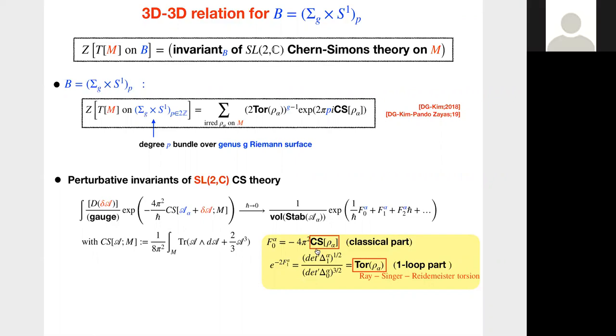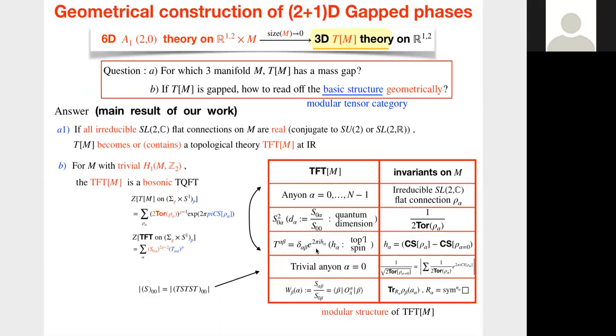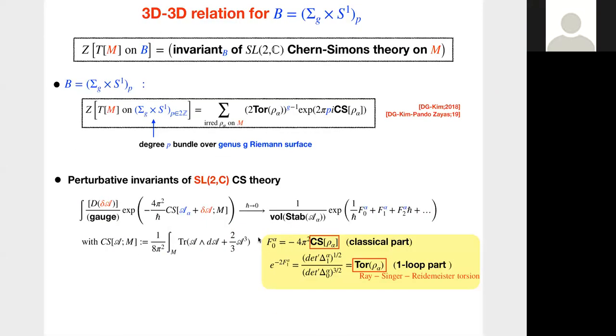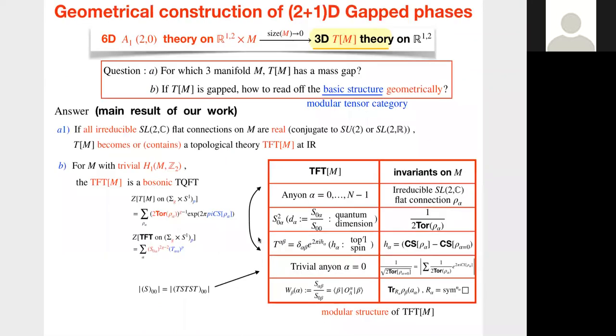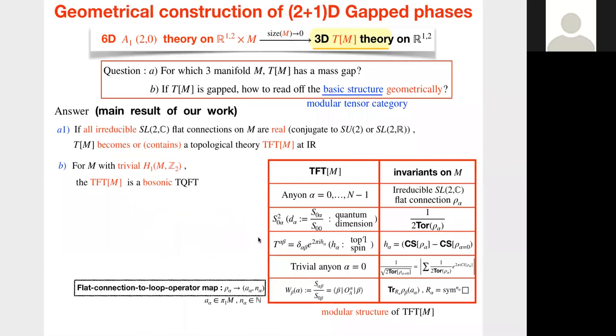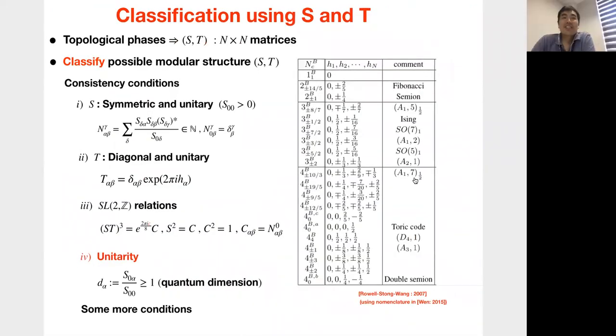But in the previous table, you were saying level 1 or something like that, right? Yeah, that's TFT data.